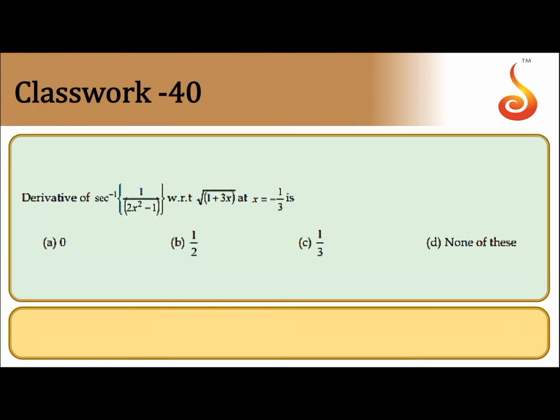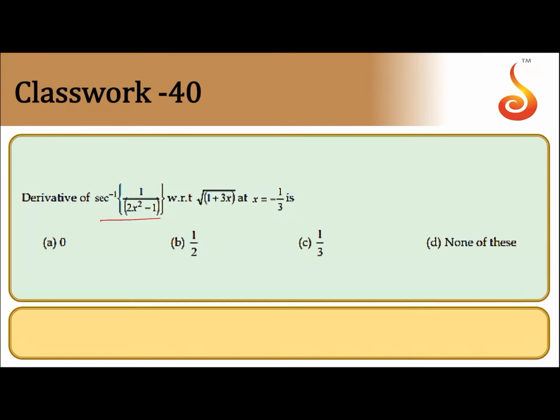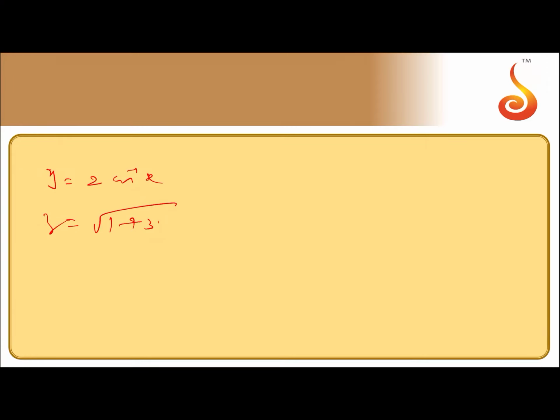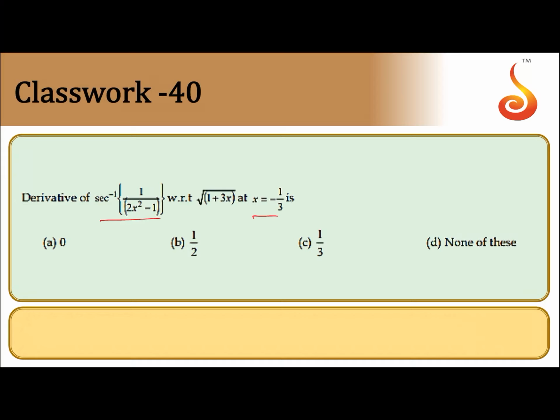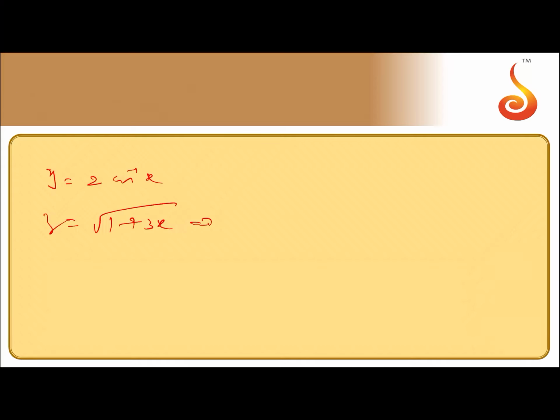Coming to next one. Of course, in the previous problem, this itself is nothing but 2 cos inverse x. So y equals 2 cos inverse x given, and z equals root of 1 plus 3x. Of course, you are given x equals minus 1 by 3, so at minus 1 by 3, isn't it 0?